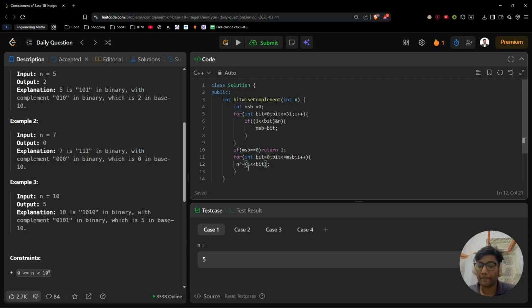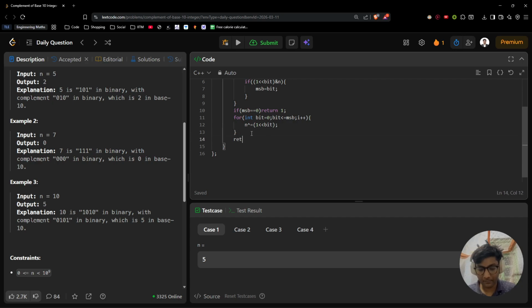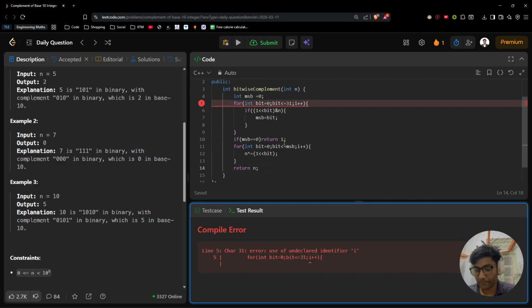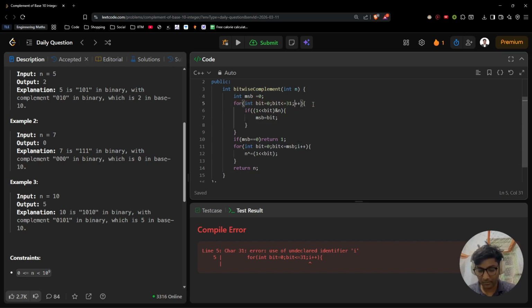So XORing with 1 flips the bit, and we can return like this. This will be bit plus plus.